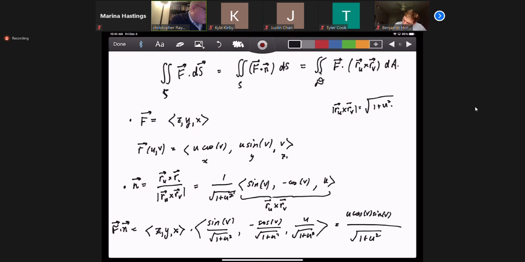And then we have y times the negative cosine. So y is u sine v times negative cosine. So I'm going to have a negative u cosine v sine v. And finally, we'll have x dotted with u, or x times u. So x is u cosine v.